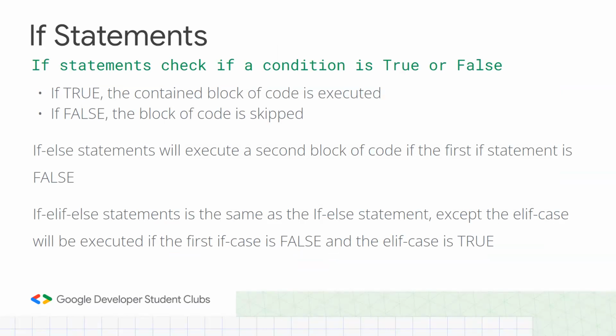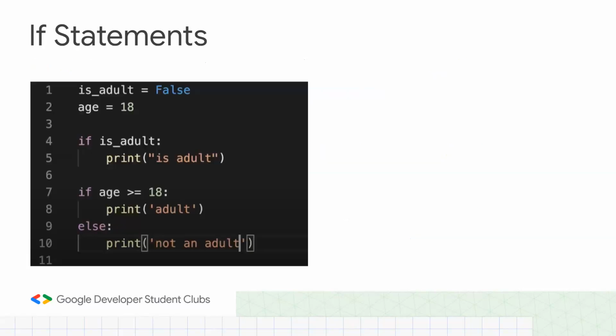We can have if-else statements, which will only execute a second block of code if the first if statement evaluates to false. And we can also have elif cases, which are the same except the elif case will only be executed if the first if statement evaluates to false and the elif condition evaluates to true. So we'll look at examples to understand what it means.